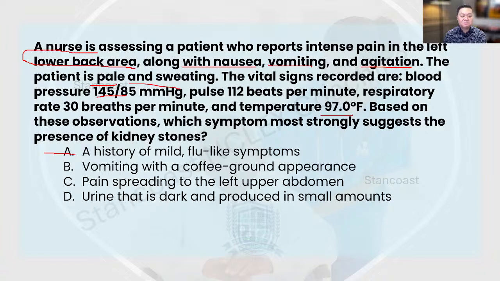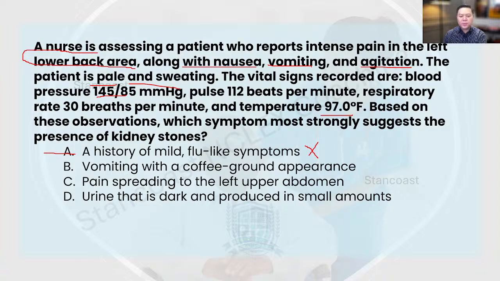Let's say pyelonephritis, right? Or could be viral infections, but it's not specific to the renal calculi. All right, so we are going to eliminate that. We are not sure about that.